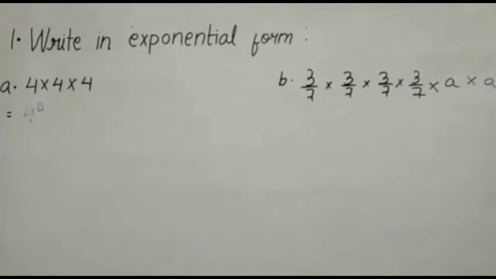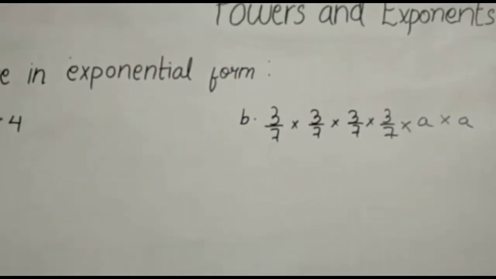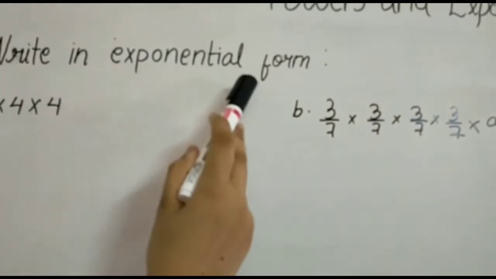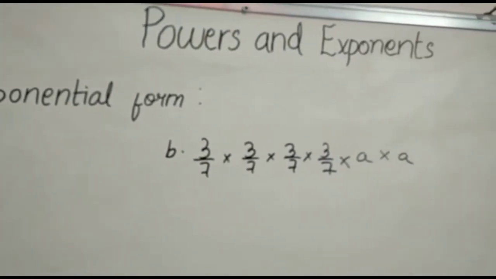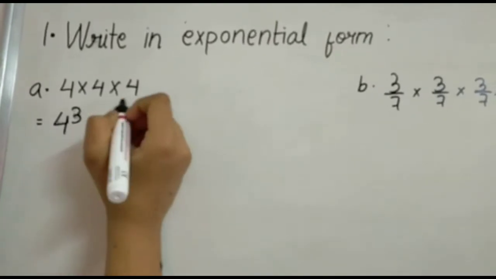Now we will solve some problems. Write in exponential form. First question, 4 into 4 into 4. So here it is said to write in exponential form. The answer is 4 to the power 3, as 4 is multiplied by itself 3 times.